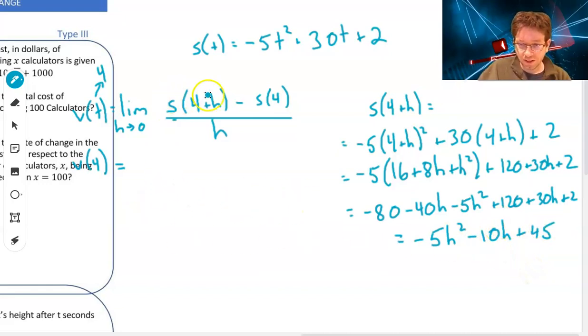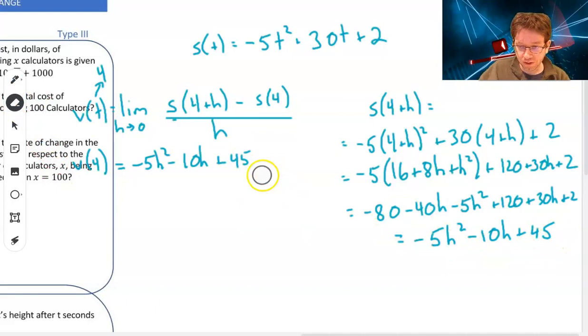Okay, so here we have the function at 4 plus h is minus 5h squared, minus 10h, plus 45. Sorry, not 45, 42.